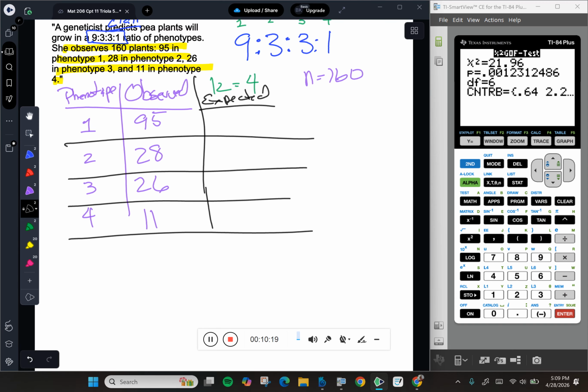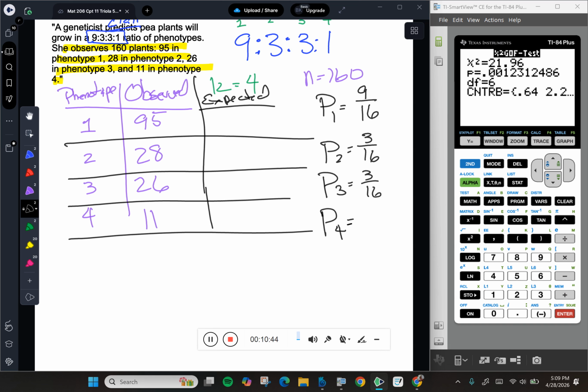For phenotype 1, I'm going to call that P1, we should see 9/16ths of them be phenotype 1. For phenotype 2, it should be 3/16. For phenotype 3, it should also be 3/16. And for phenotype 4, it should be 1/16.